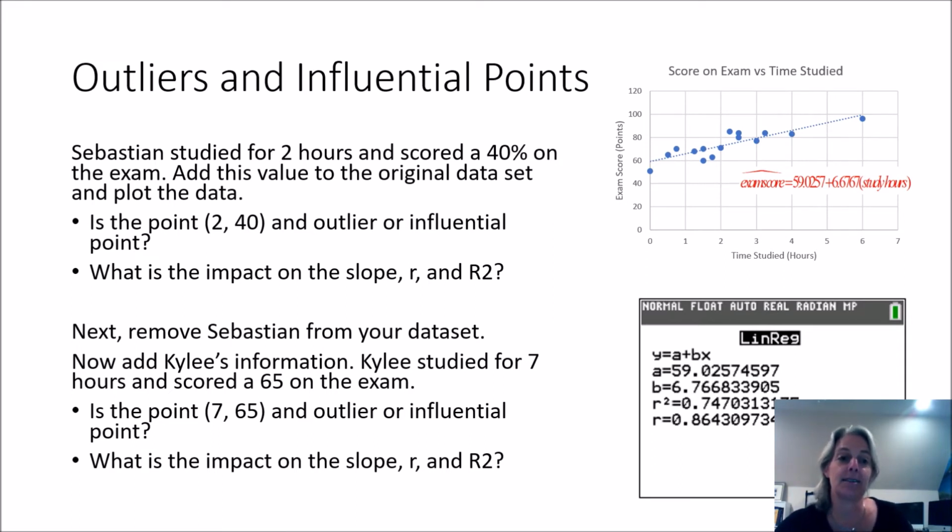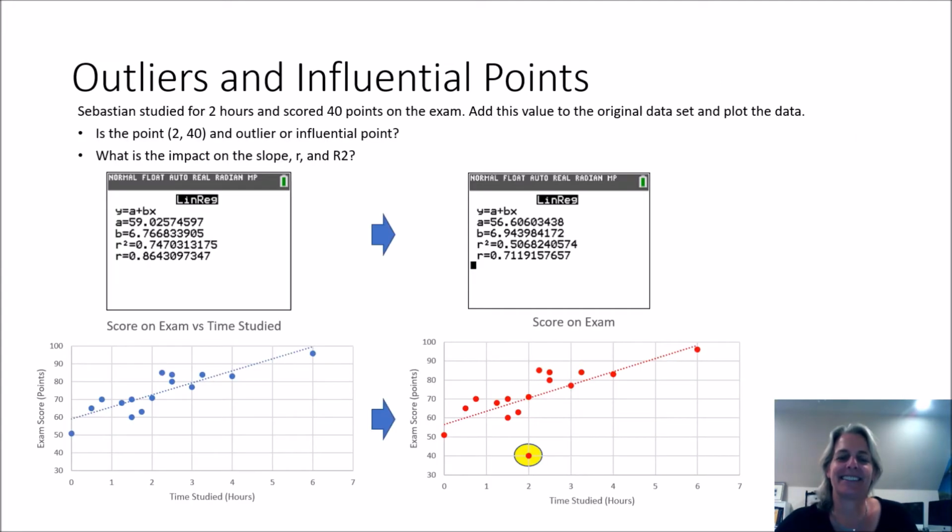So let's look at these two different situations with Sebastian and Kylie, and we'll add those to our data set and see what happens. So in our first situation, we're going to add Sebastian here to our data set. So Sebastian studied for 2 hours and he scored a 40 on the exam, poor Sebastian.